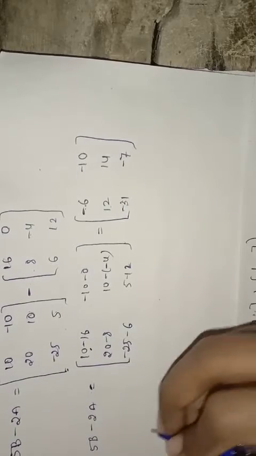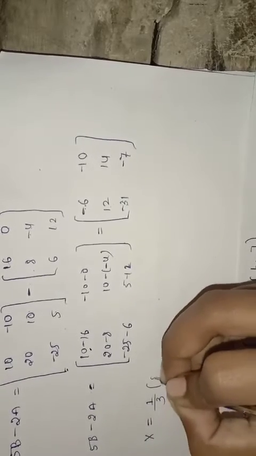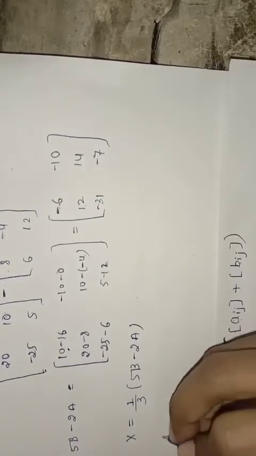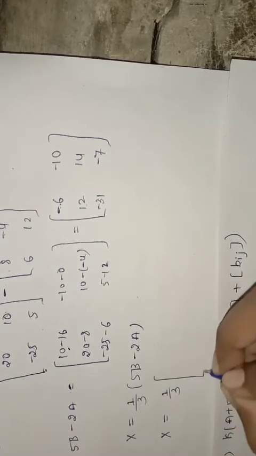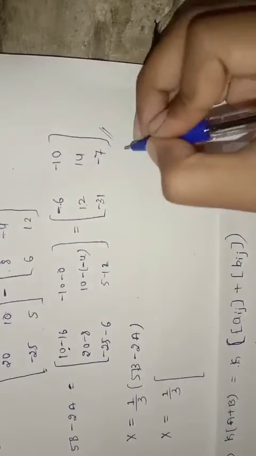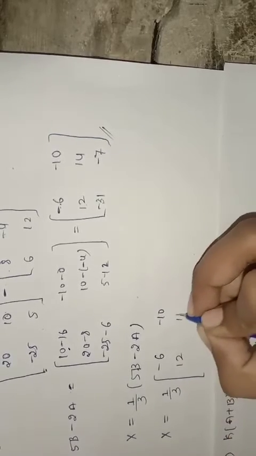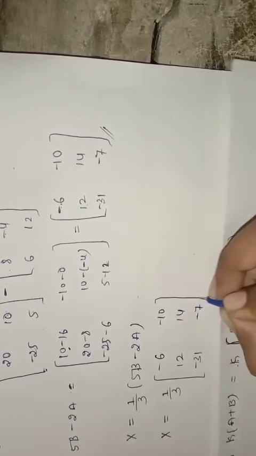What do we need? We have matrix X, that is 1 by 3 into 5B minus 2A. So what will you do here? Matrix X can be written as 1 by 3 into the 5B minus 2A matrix, that is minus 6, minus 10, 12, 14, minus 31, minus 7.